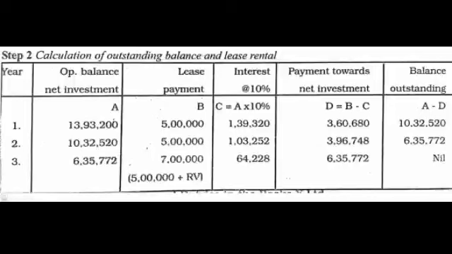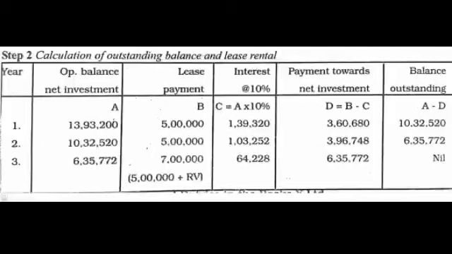A, B, C, D are the four columns: the first column is A, then the second column B, the third column C is calculated as A into 10%, then D is calculated as B minus C, and the last column is calculated as A minus D, the opening balance minus the paid amount.